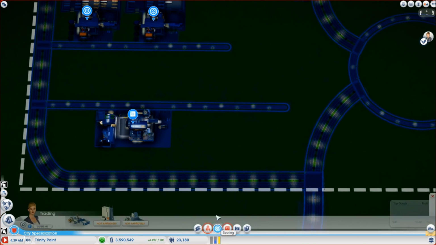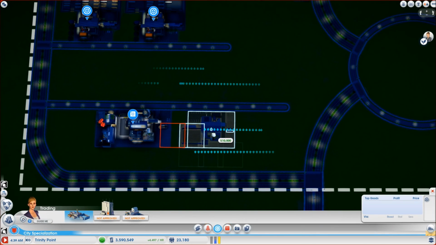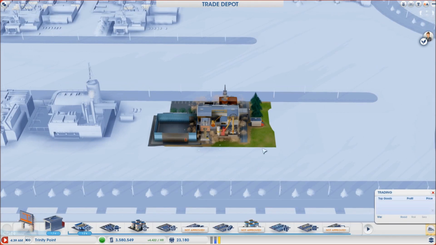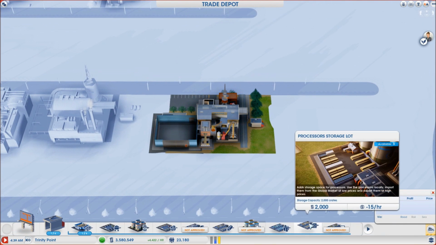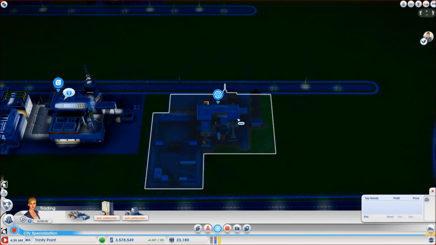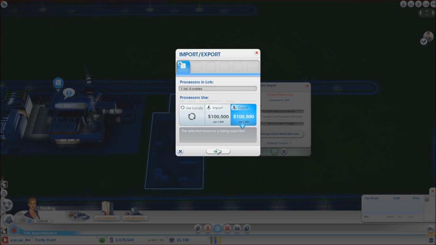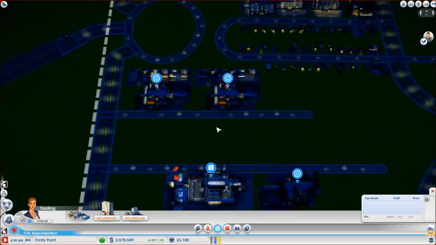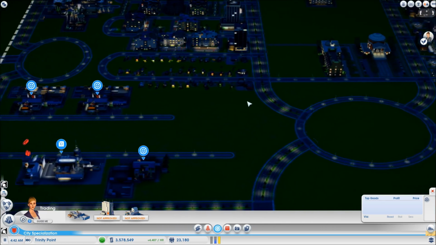Now let's see, will it be enough space? Yes, perfectly, just enough space. There we go. A trade depot with processor storage lots. Turn it on for export. And now we are in business.